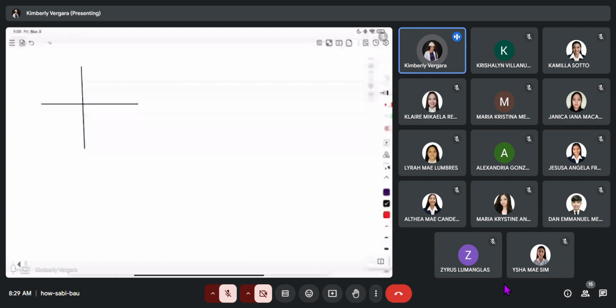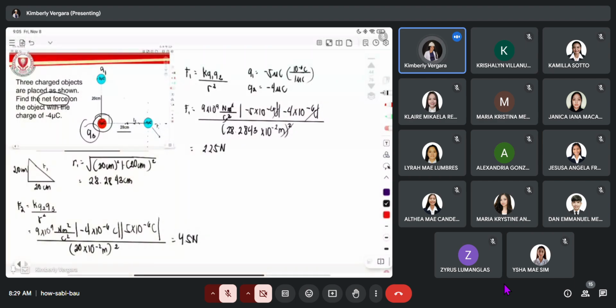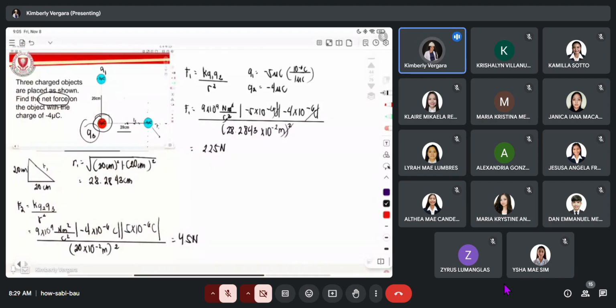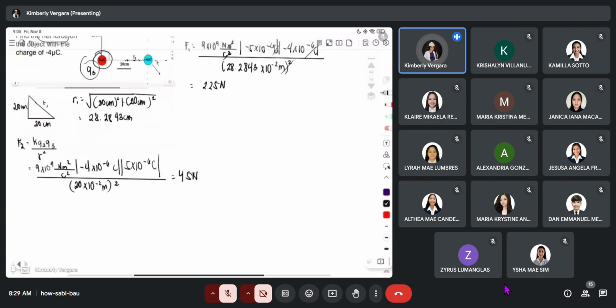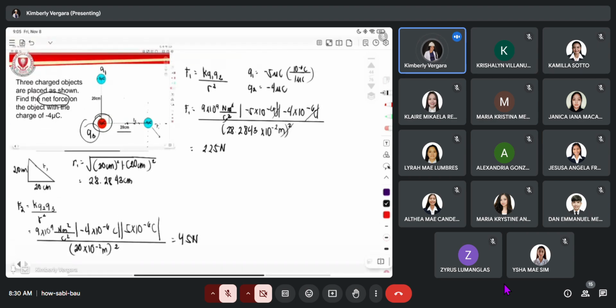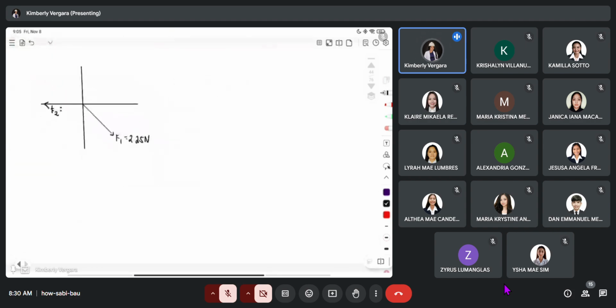So, si F1 natin is pababa. And then, si F2 is papunta po dito sa kaliwa. Okay po. So, ang F1 natin is 2.25 newtons. Ang F2 natin is 4.5 newtons.